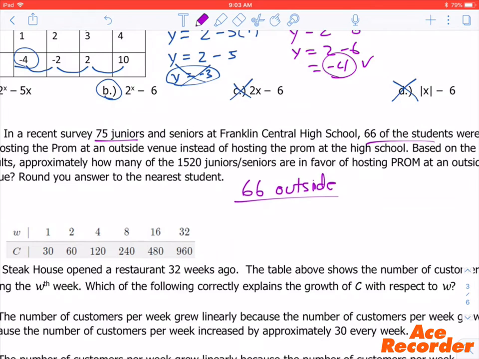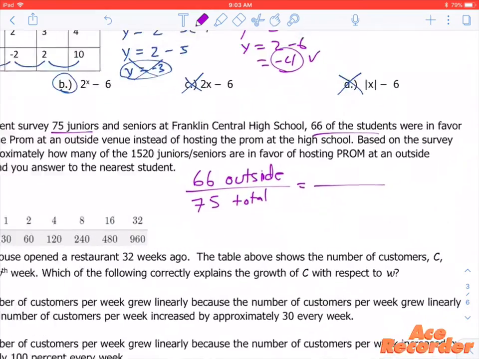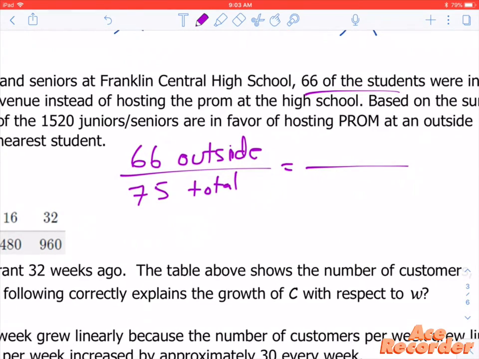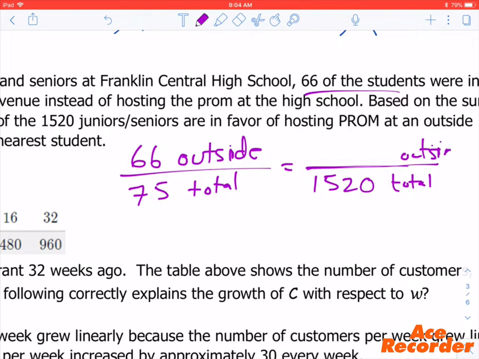That was 66 out of the total of 75 juniors and seniors. So based on that sample size, we can try to predict what it would be out of the actual total of 1,520. We're trying to predict how many would say outside if we got everybody to say so.